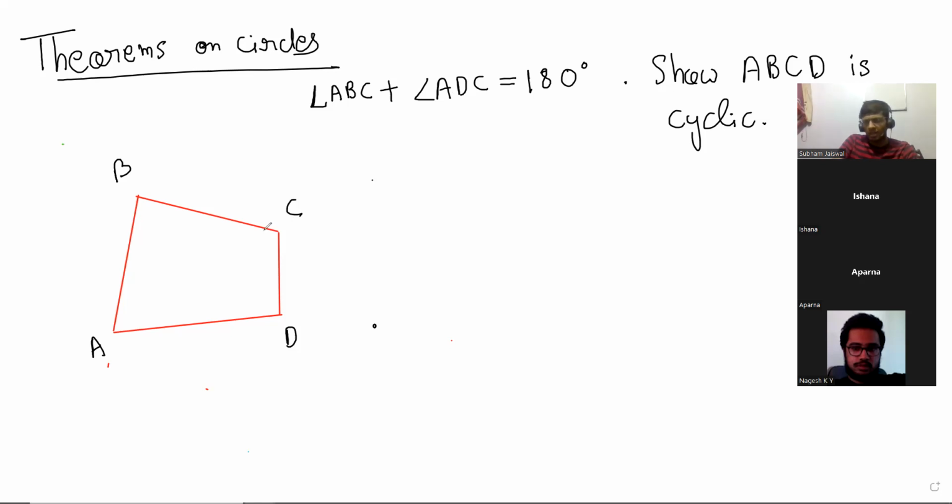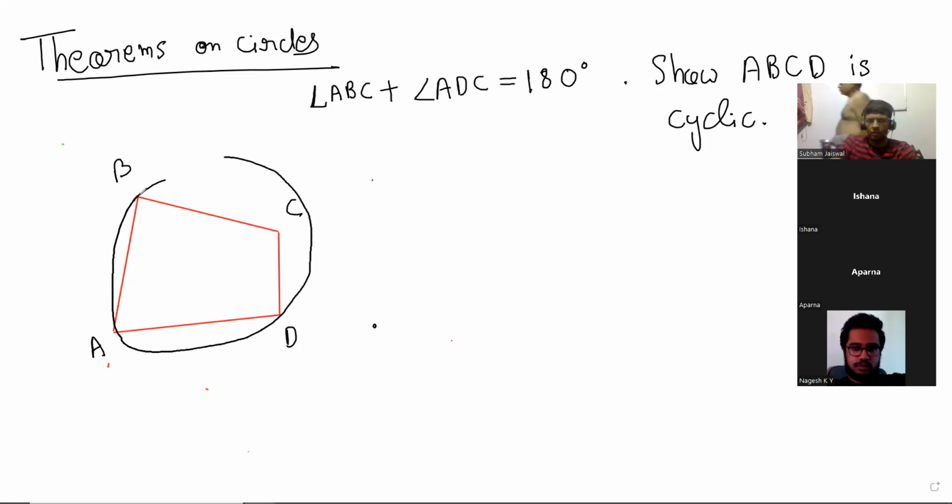So the strategy will be, again, you want to show 4 points are there and you want to show there is a circle passing through them, right? So you take 3 of the points and you make a circle. There's only one circle you can make. Now you make that circle.